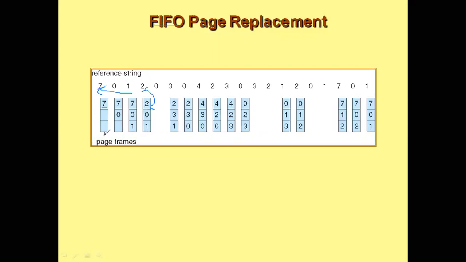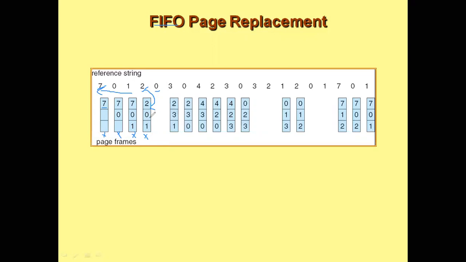So this is a page fault because 7 was initially not there, 0 was initially not there, 1 was initially not there. Now 2 was also not there. Then you replaced 7 based on FIFO, and 2 was brought into the main memory. Now coming to 0. If you look here in the main memory, 0 is already present.